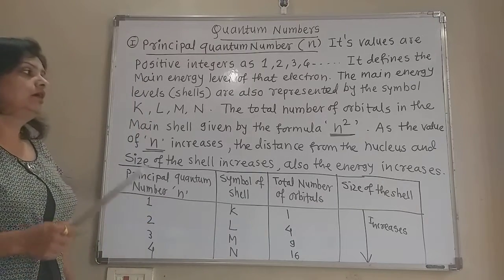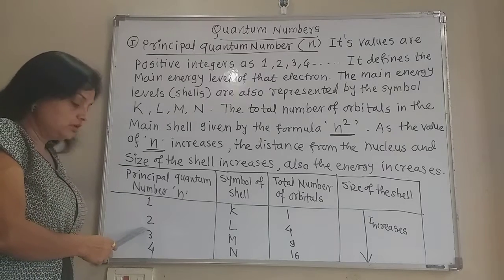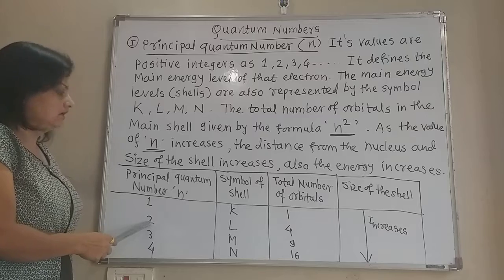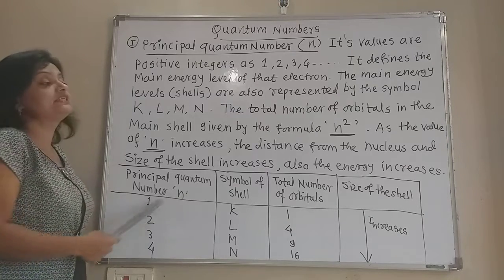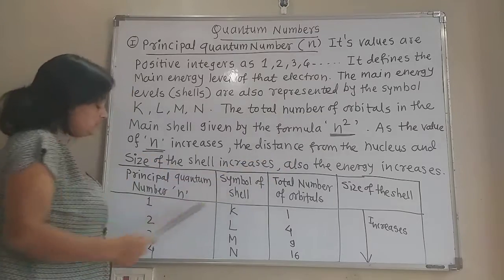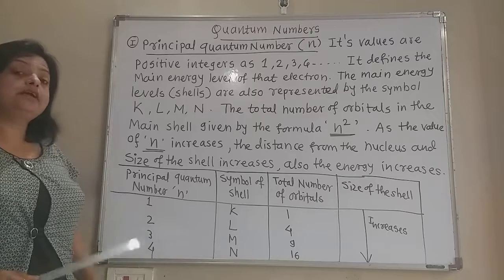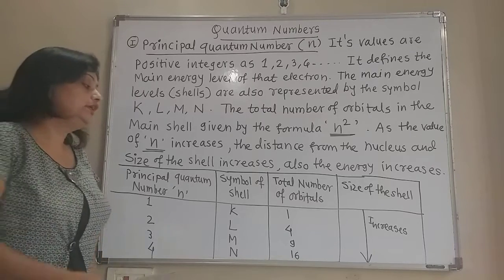If n is 2, the second main energy shell, the number of orbitals is 2 square, which is equal to 4. So in the second main energy shell there are totally 4 orbitals.